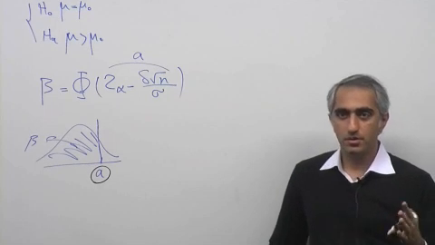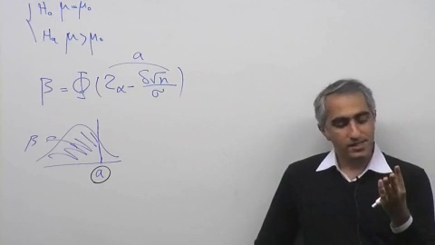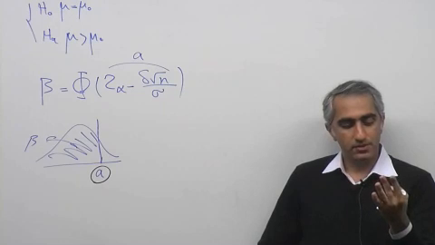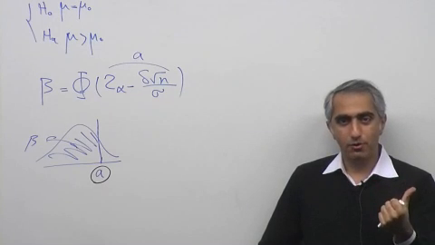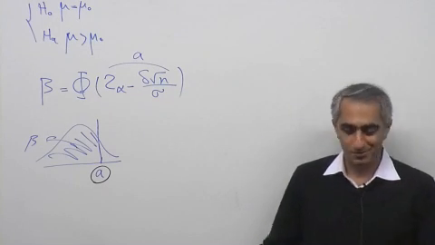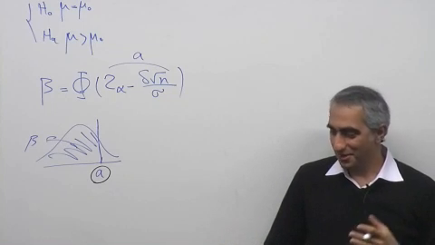Let me give you a little hint. Z alpha, z 1 minus alpha, z beta, z 1 minus beta. Z alpha over 2, no. Z beta over 2.